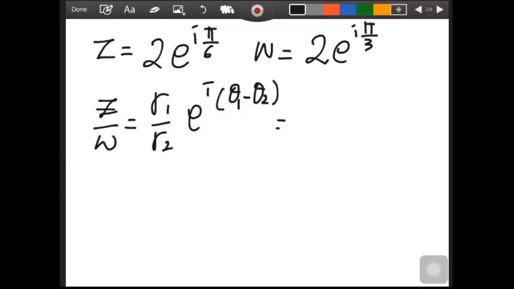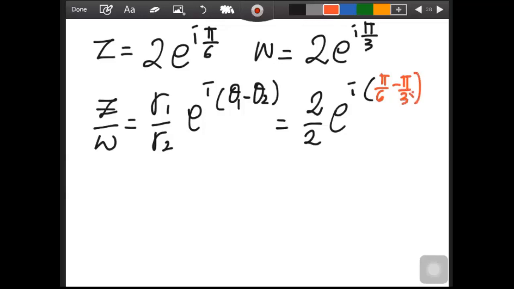Okay, so ini adalah 2 over 2 exponential I. So we have pi over 6 minus pi over 3. Okay, so ini dapat 1.